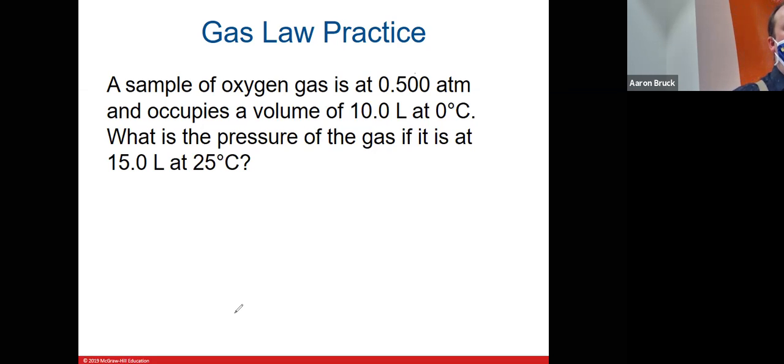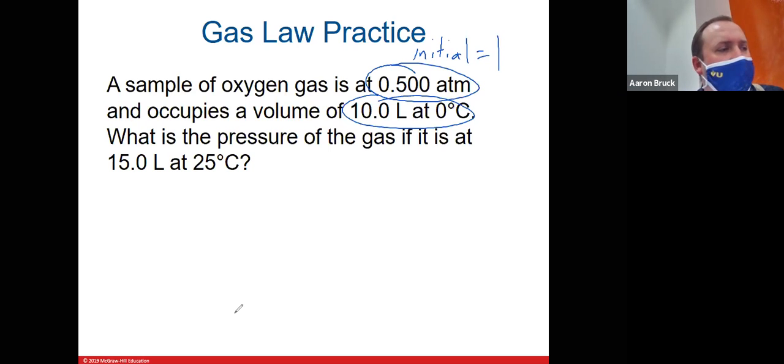So our initial conditions are all right here. The half atmosphere, the 10 liters, and the 0 degrees Celsius. These are all going to be our ones. So that means that our P1 is going to be the half atmosphere.